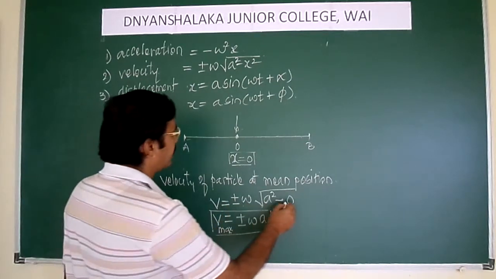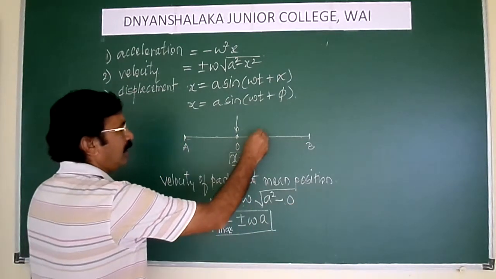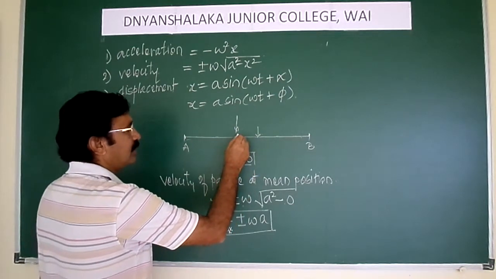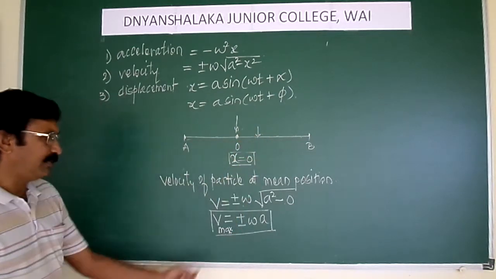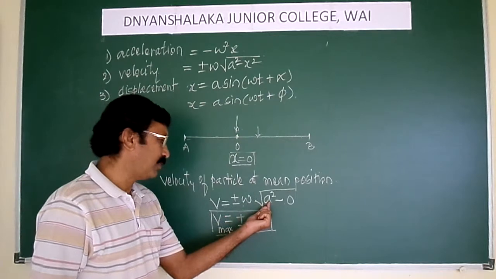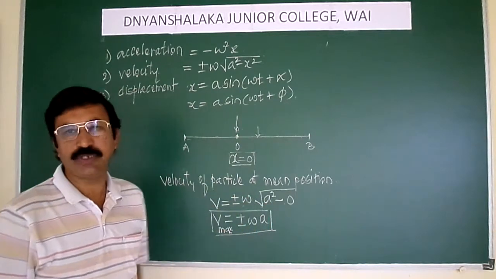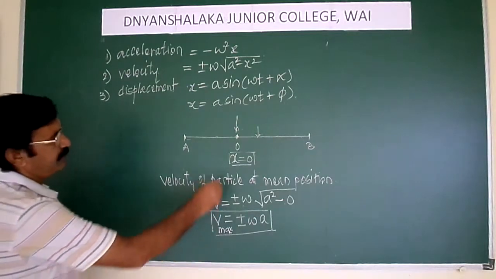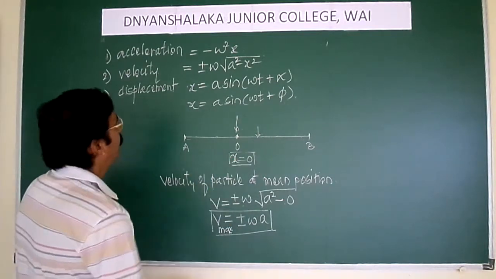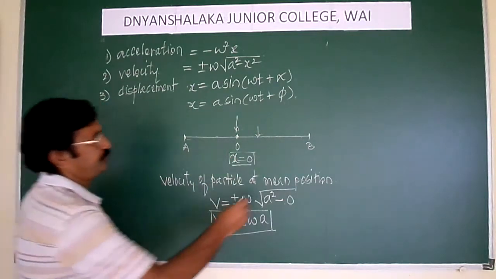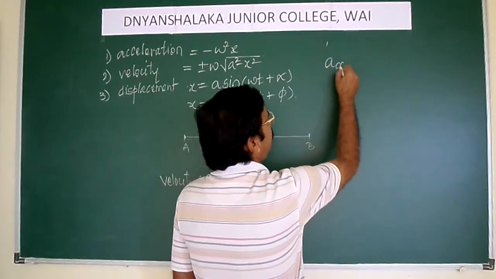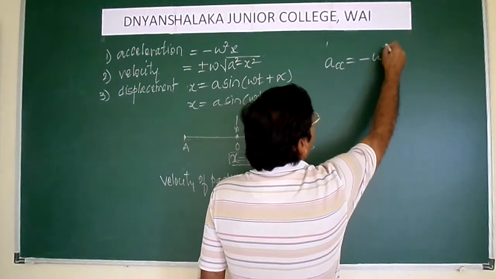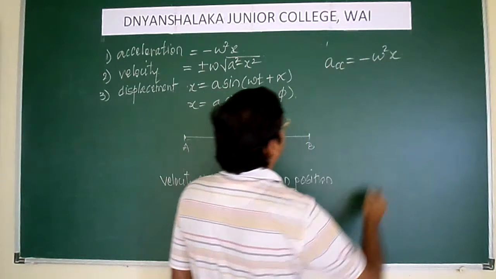Because for any other position, if the displacement is some numerical value, it will get subtracted from a square and then the value will be the smaller value. Now if x is equal to 0, then acceleration is minus omega square x.